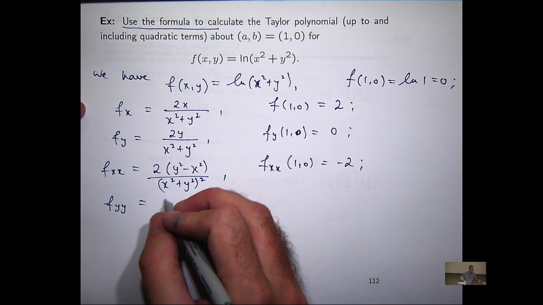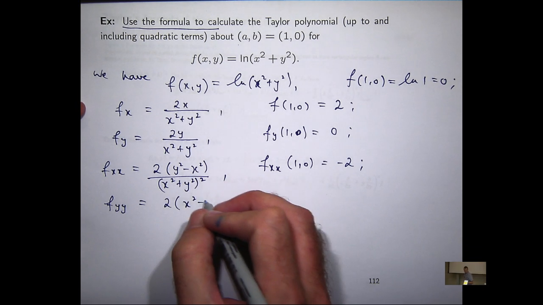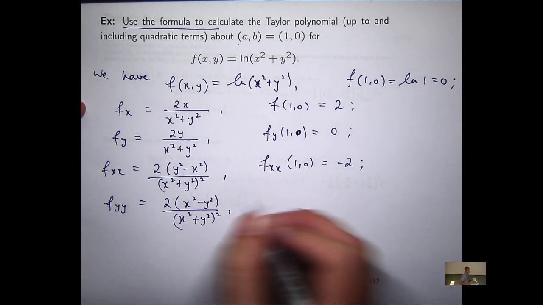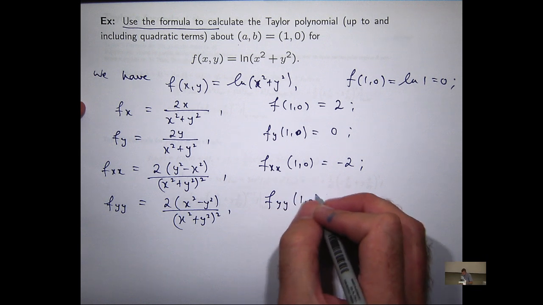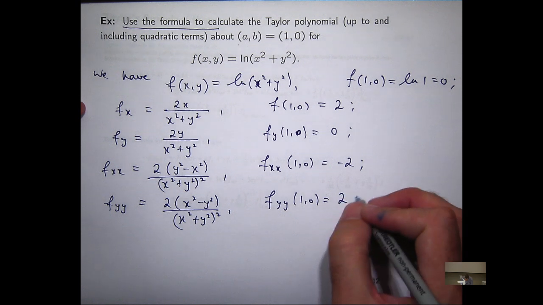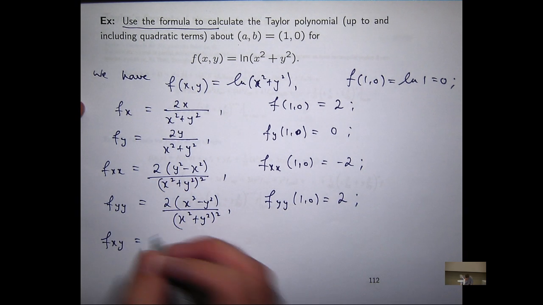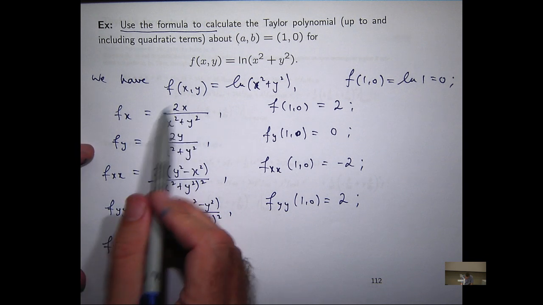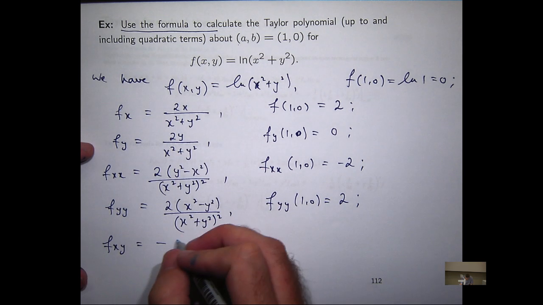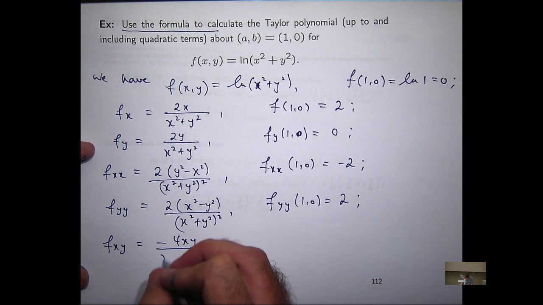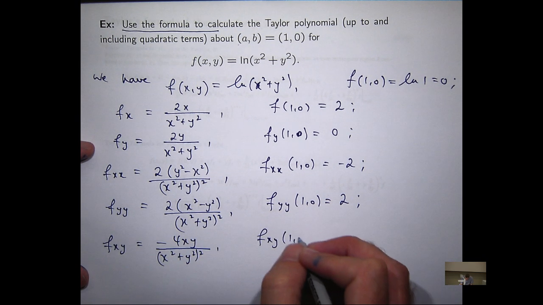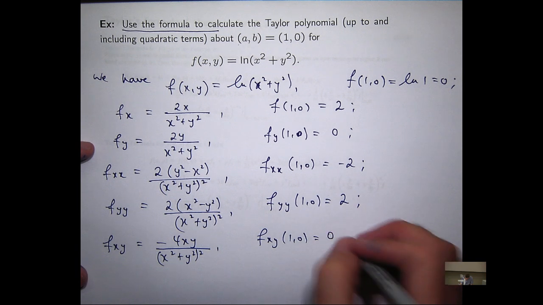Very similar here, except I've got a change in the top. So if I plug in x equals 1, y equals 0, I'll get positive 2. And then just the mixed. I want to calculate the derivative of this with respect to y. So I'll get something like this.